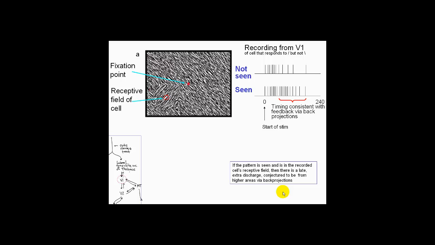So the authors of this paper suggest that consciously seeing the thing is correlated not just with activity in V1, but with this higher area also responding to the stimulus and sending information back to V1.